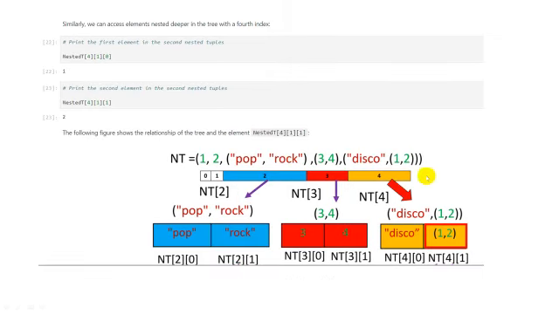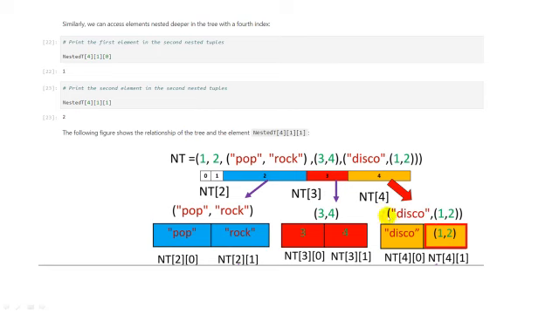So again, if you see nt4 and nested t4 1 0, what is 1 0? This is 4, which is 1, and 0, which is 1. So it has printed out 1. Then nt4 1 1: this is 4, and 1 is 1 2, and again 1 is 2, so it will print out 2.